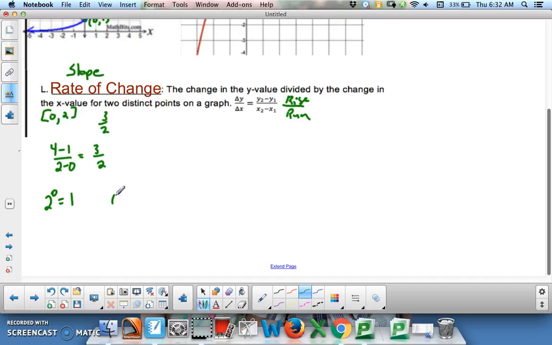So I have an x value of 0 and a y value of 1. Then I would say 2 to the second, because the second part of the interval is 2, and 2 to the second is 4. So my ordered pair there is (2, 4). And now I'm ready to use that same y2 minus y1 over x2 minus x1.